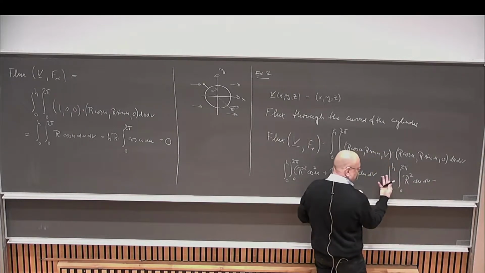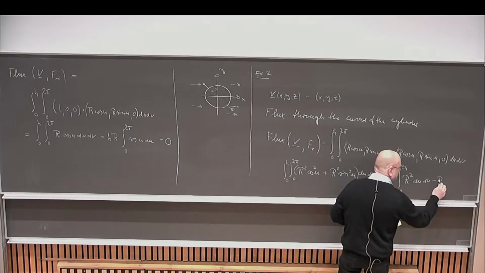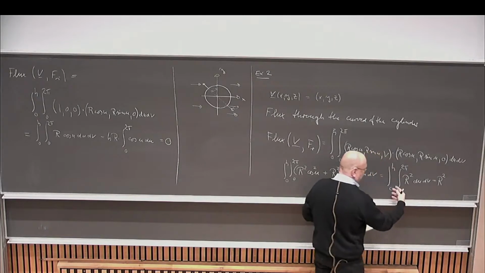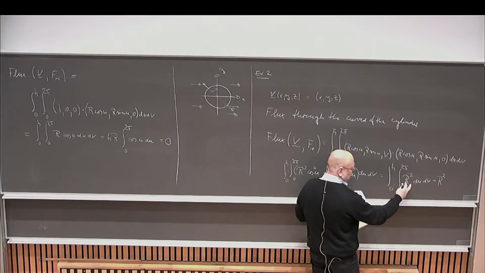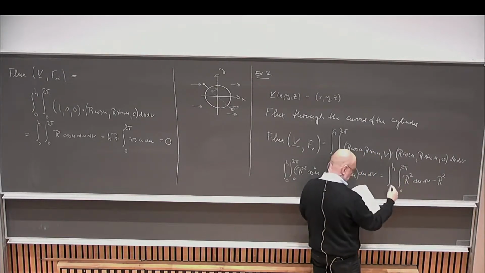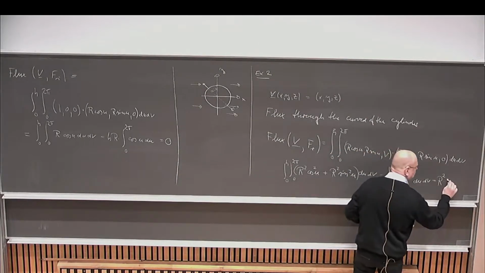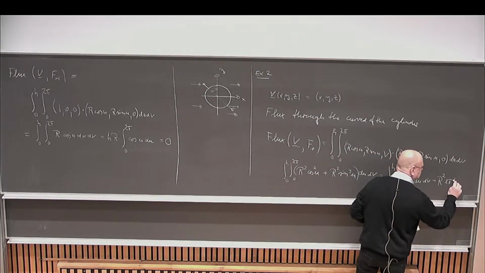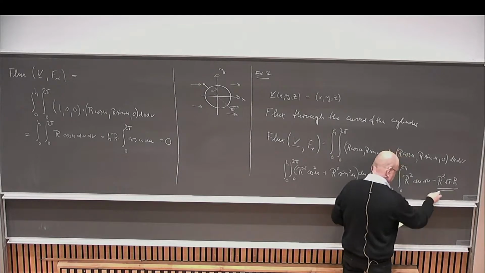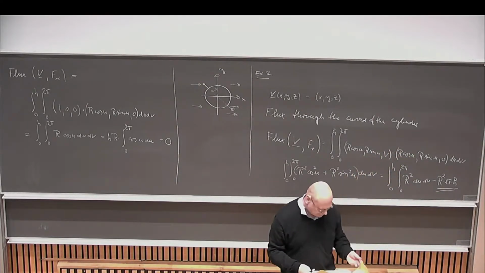This is a constant. I can take it outside the integration. And then I integrate a 1 over these intervals, so I get 2 pi times h.